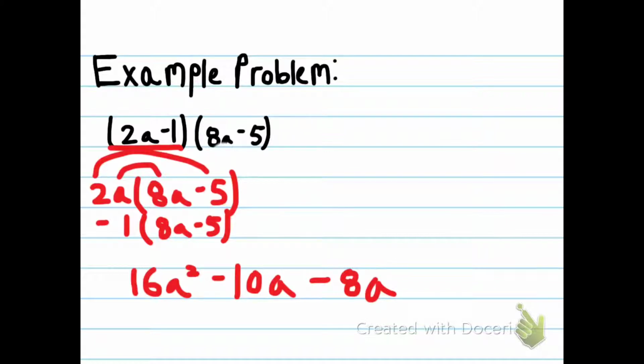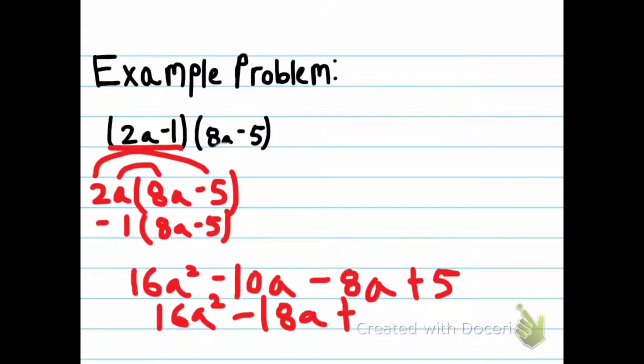And then negative 5 times the negative 1 is just a positive 5. So now all you have to do is combine like terms like normal. So you get 16a squared minus 18a plus 5 as your final answer.